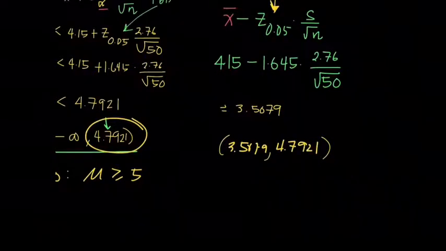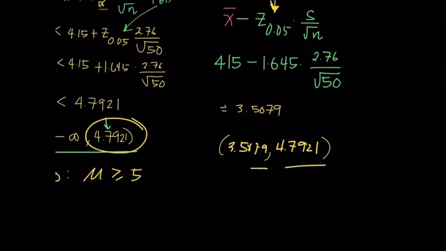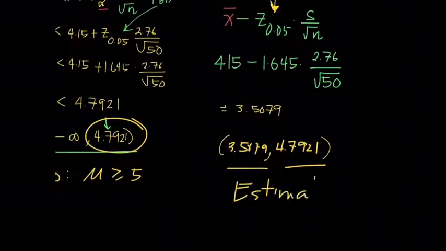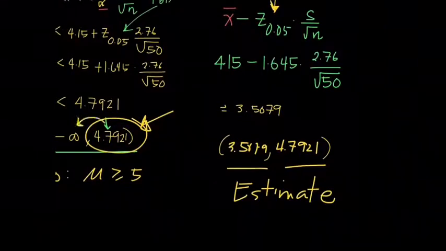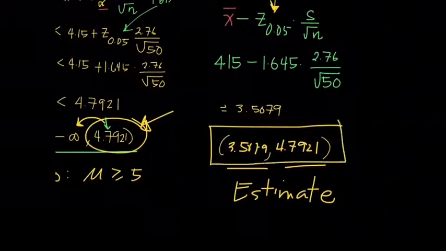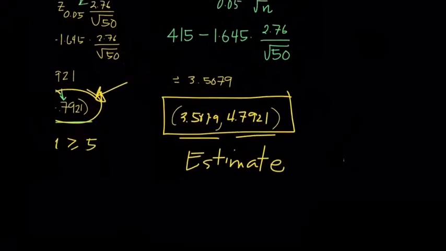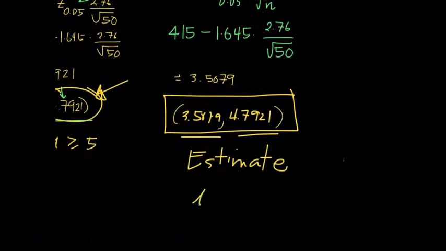Again, we are now getting both of the values, the upper and the lower, because our goal now is to estimate. Here, we know it should be up to 4.7921, but we don't know the smallest possible value. Okay, so this confidence interval will give us the estimate for the population mean mu.